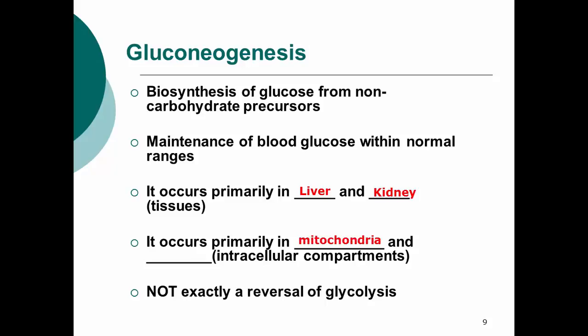In terms of intracellular compartment, gluconeogenesis occurs in both the mitochondria and the cytosol. Some reactions occur in the mitochondria and other reactions in the cytosol, right? And it's not exactly the reversal of glycolysis, right?